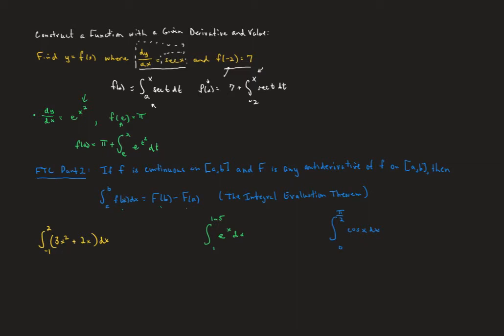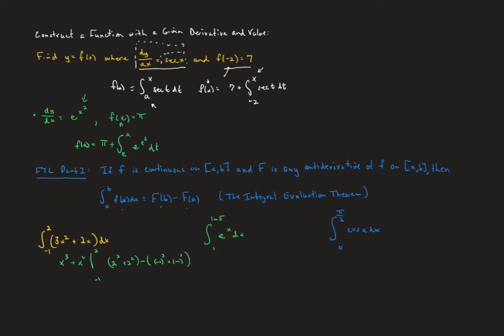So, for example, we know that an antiderivative of 3x squared is x cubed, and an antiderivative of 2x is x squared, and then we can evaluate from negative 1 to 2, so that's going to be 2 cubed plus 2 squared minus negative 1 cubed plus negative 1 squared.